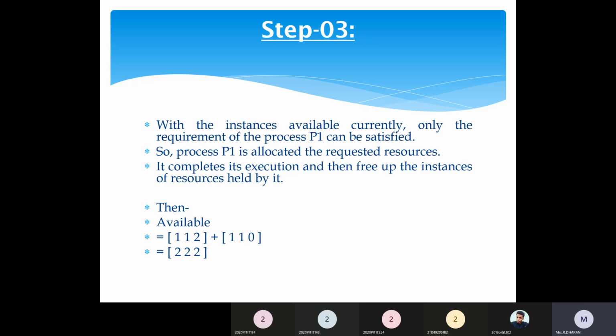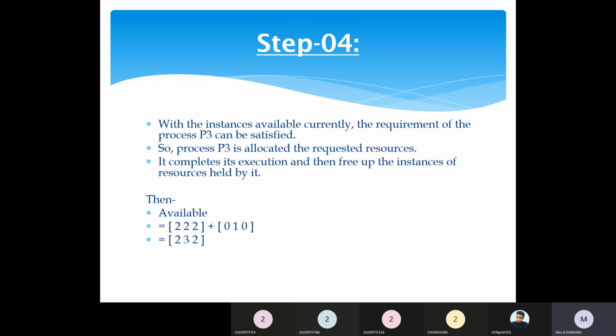So process P1 is allocated the requested resources, completes its execution, then frees up the instances of the resources held by it. What is already allocated? Allocated for process P1 is 1 1 2, and the currently available is 1 1 0. After P1 releases it, summing up you get the current availability 2 2 2. Okay, so the current availability of the system is 2 2 2.